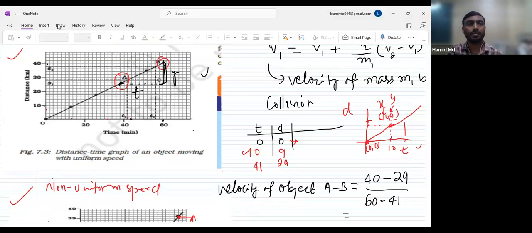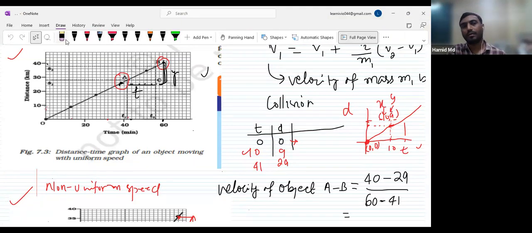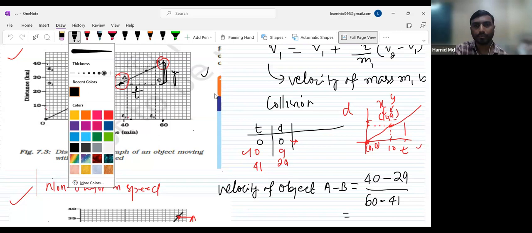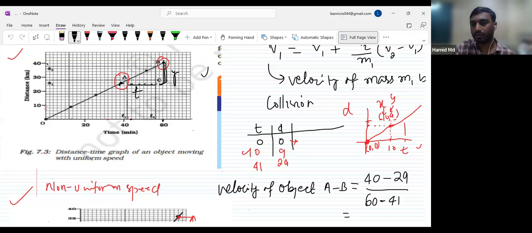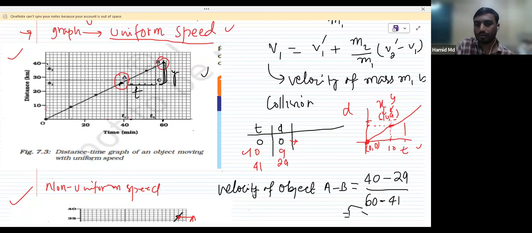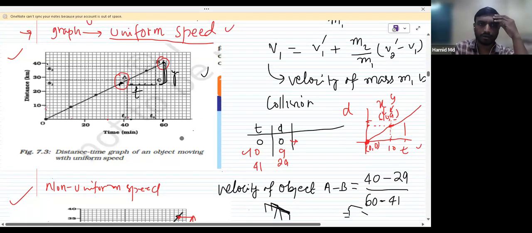Why is this machine not behaving well today? 11 by 19, right? What will be 11 by 19?